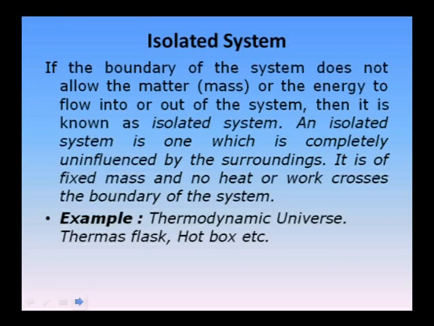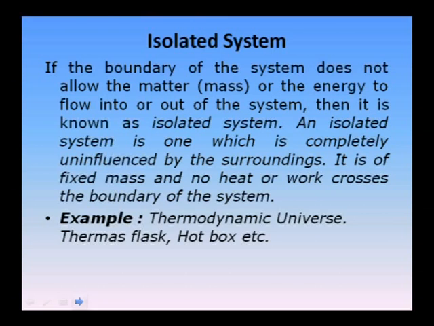Let us understand the isolated system next. If the boundary of the system does not allow matter, that is mass, or energy to flow into or out of the system, then it is known as an isolated system. It is completely isolated from the surroundings. There will not be any movement of heat or mass, any transaction between the system and surroundings.